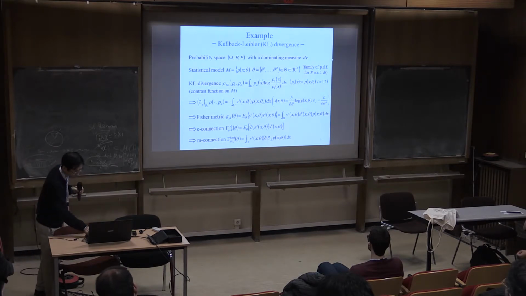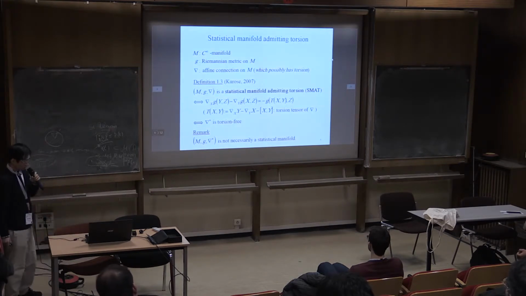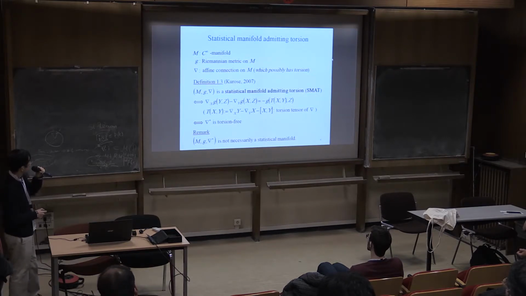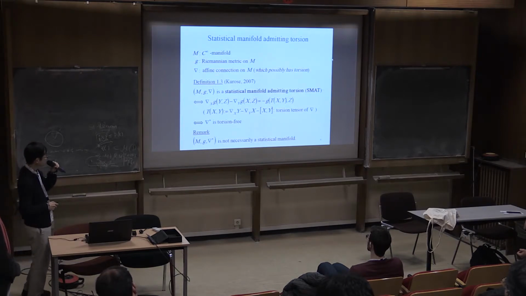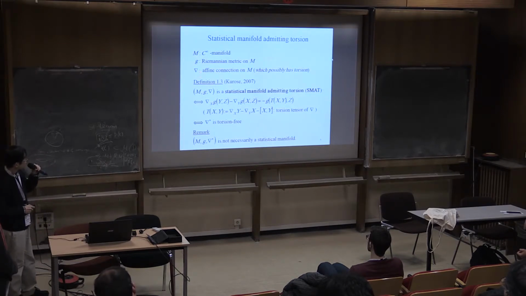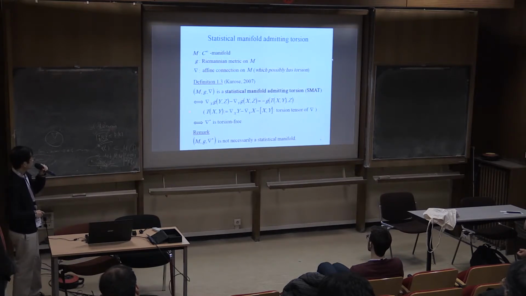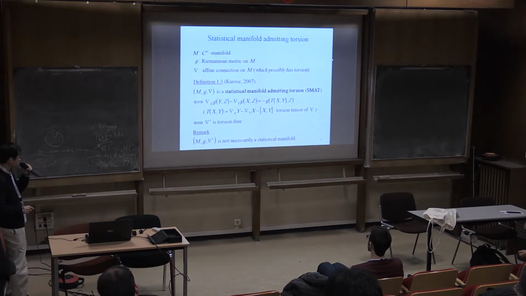Now I explain the statistical manifold admitting torsion. A statistical manifold admitting torsion is also a triplet of a differential manifold M, a Riemannian metric g, and an affine connection nabla. But in this case, nabla possibly has torsion. Then this triplet is a statistical manifold admitting torsion if and only if this equation holds.